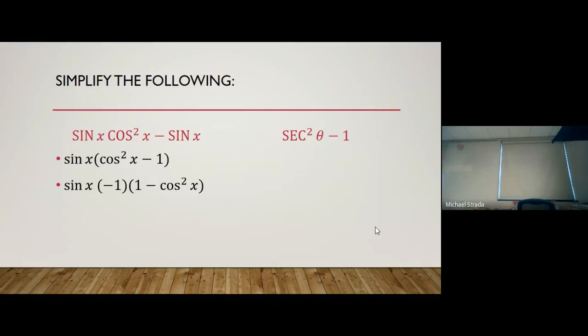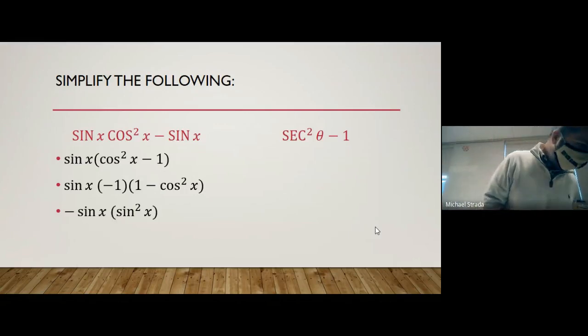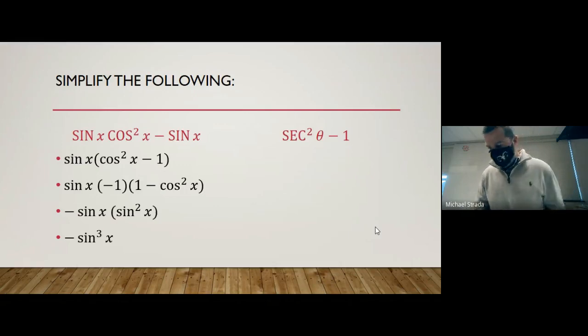Eventually, hopefully, you can do it without factoring the negative 1 and just recognize that that's equivalent to negative sine x times sine squared x. And at the end of the day, we have negative sine cubed x. So we're trying to make it written with as few trigonometric terms as possible. That is our goal.